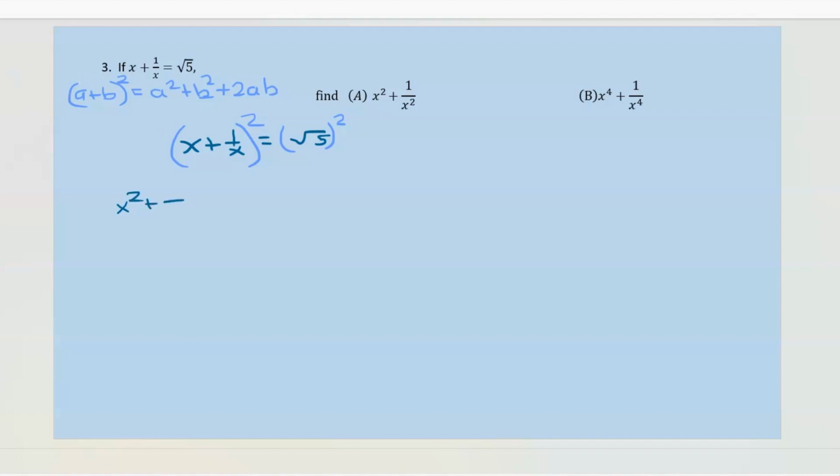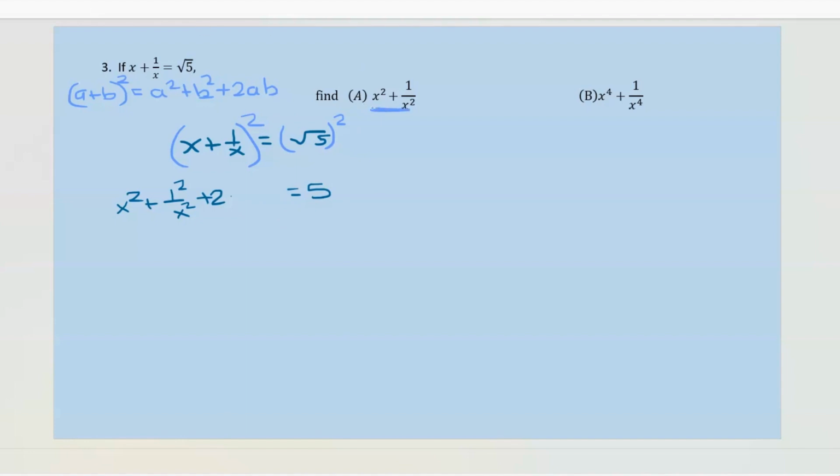x squared plus 1 squared over x squared plus 2 times x times 1 over x equals, and then square root of 5 times square root of 5 is going to be 5. And then here, x times 1 over x cancels out, becomes 1. 1 times 2 is 2. And then we almost got it.